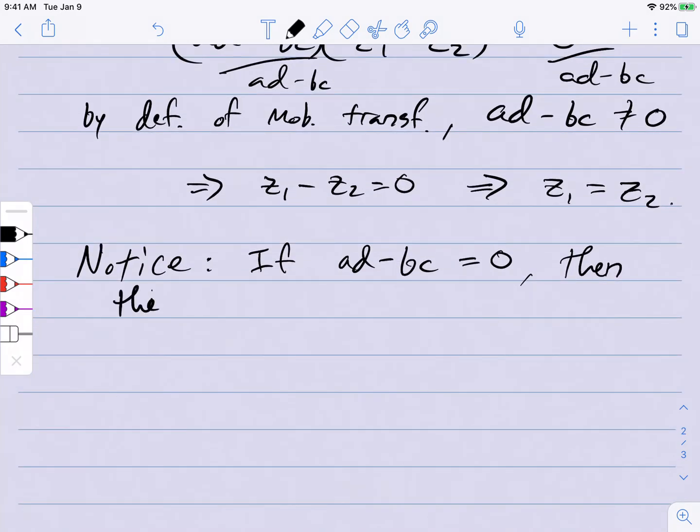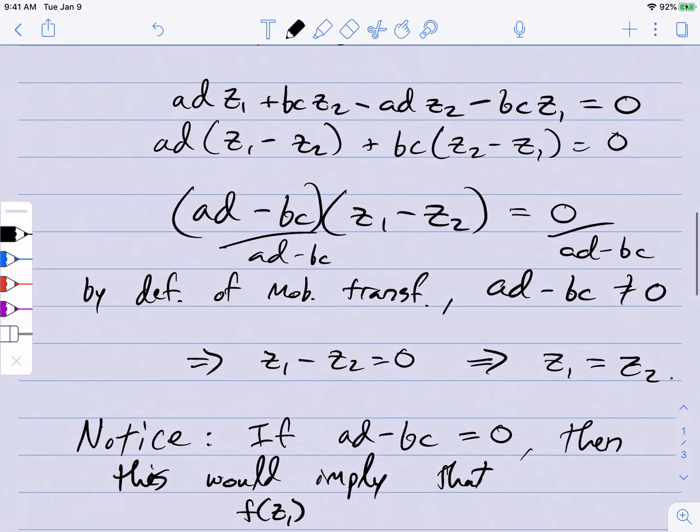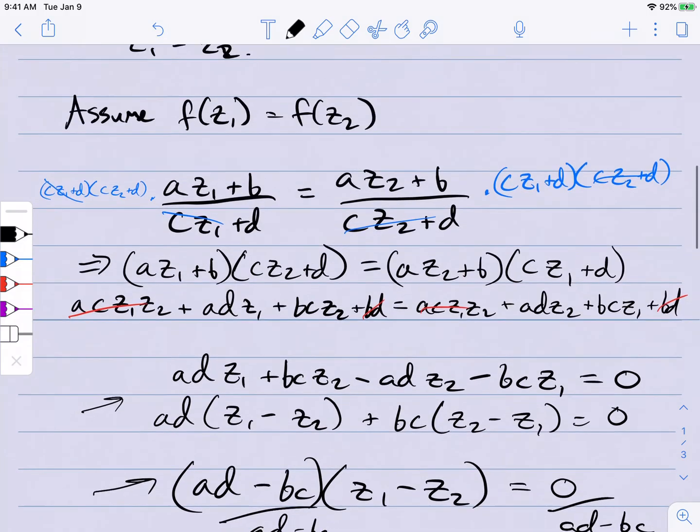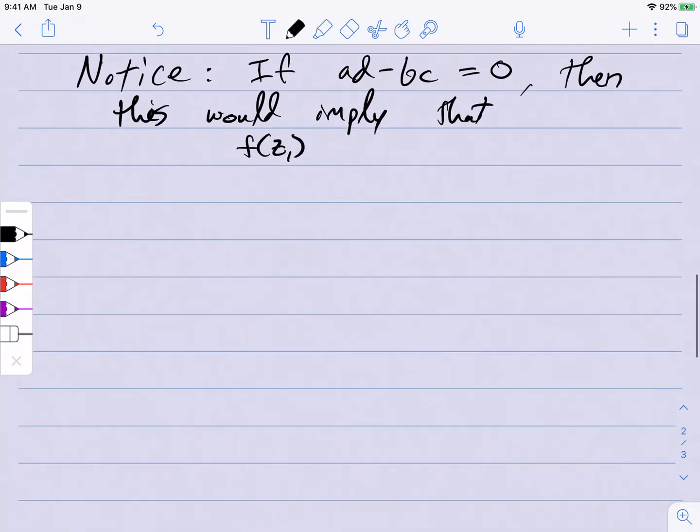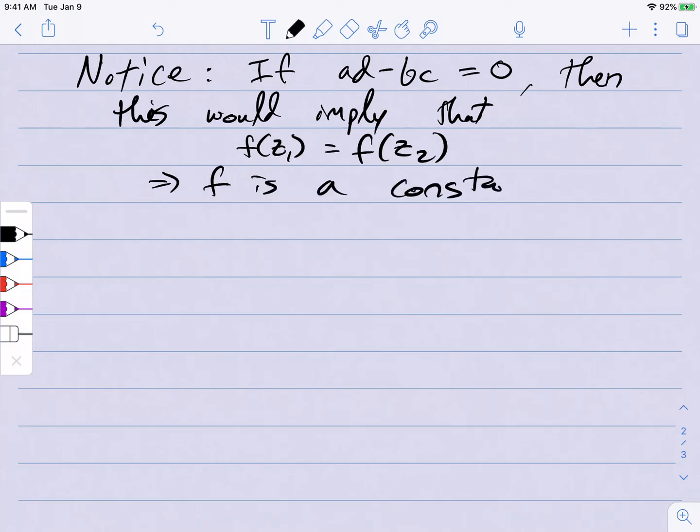So this would imply that this was 0, which would mean that this was 0, etc. You work your way up, and it would imply that f of z1 equals f of z2, which would mean f is a constant function. Constant functions aren't very interesting, and that's why we exclude that case.